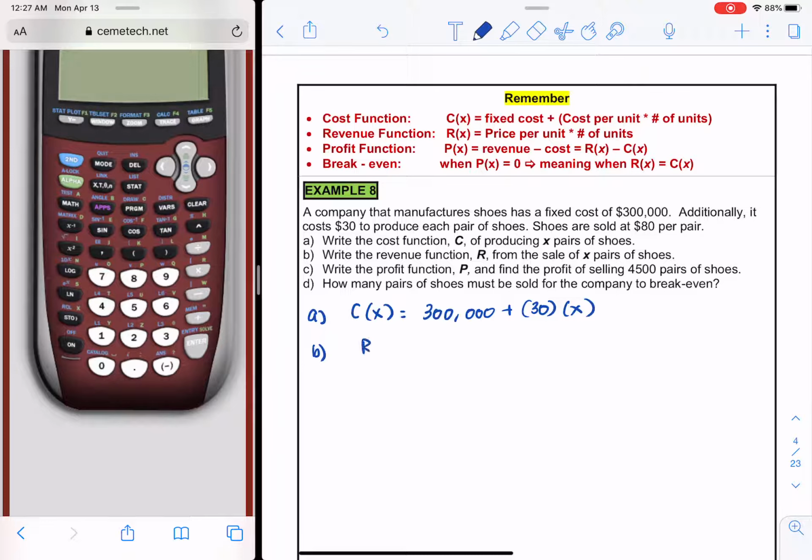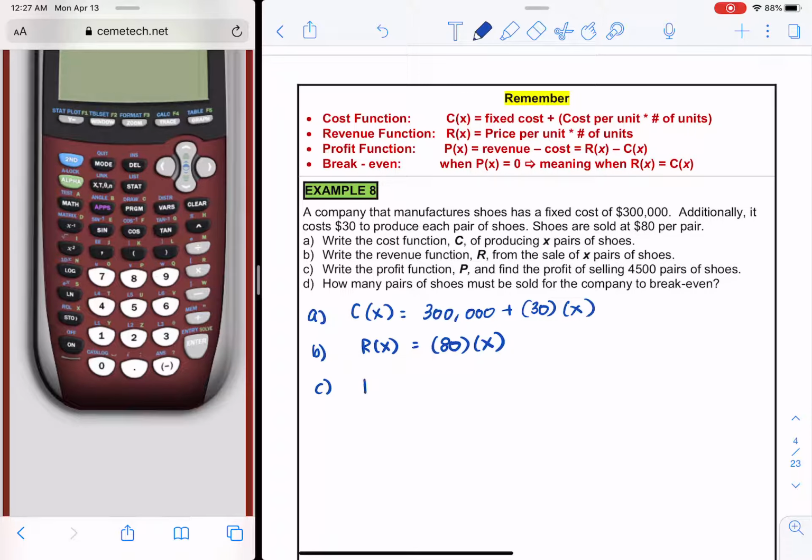The revenue is simply the price per unit multiplied by the number of units. So the price per unit is 80, and we're going to multiply it by the number of units that we sell, so that would be x.